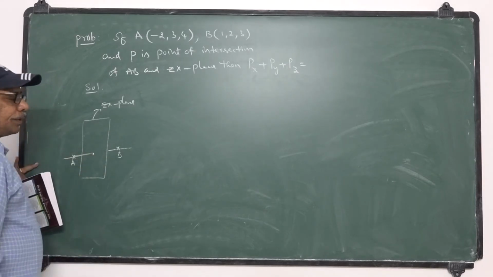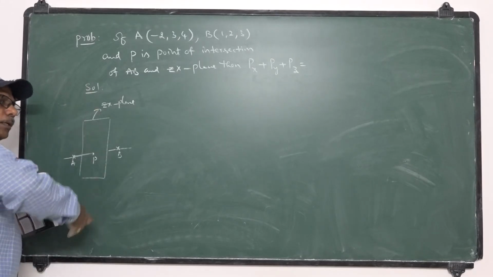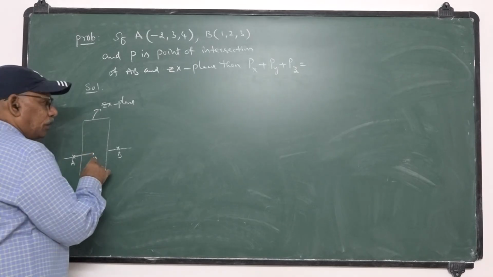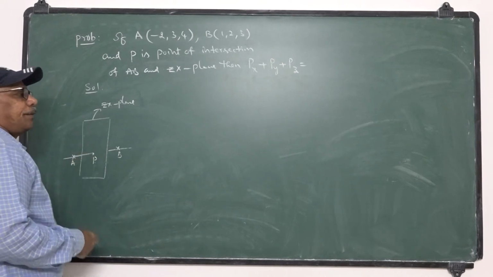So, P is the point on AB which divides by the ZX plane. Now, the sum of the coordinates of this point.